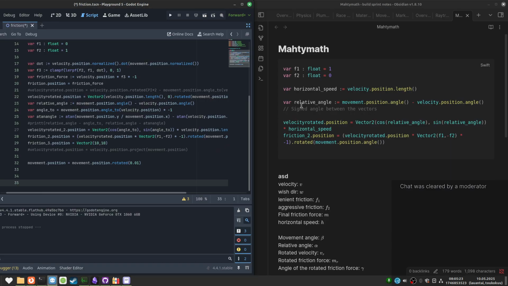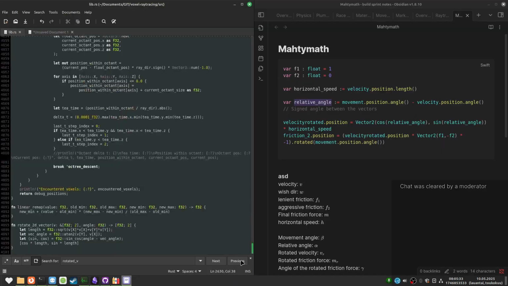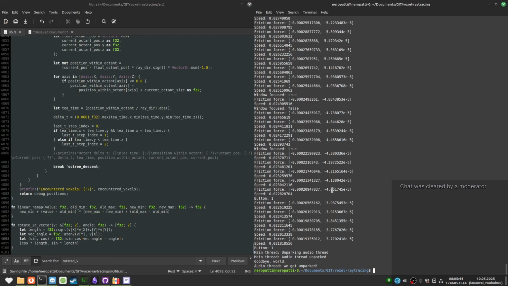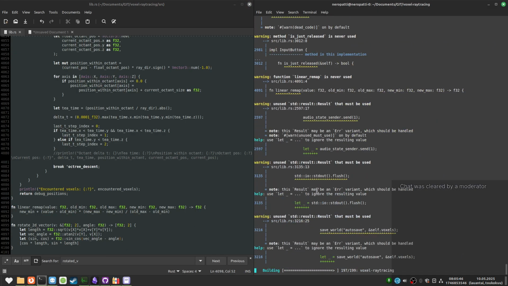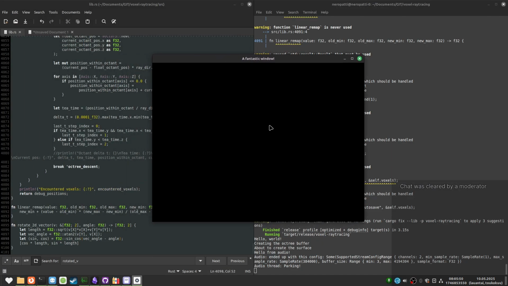Relative angle. Am I getting the relative angle anywhere? I guess I'm doing it in the rotate 2D vector thing. I don't know if this has to be the other way around. Maybe. Maybe. This is definitely peak programming.